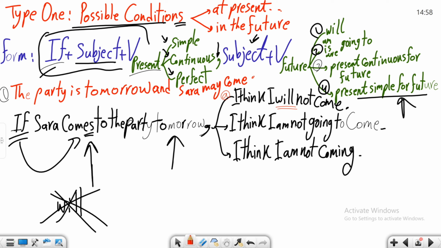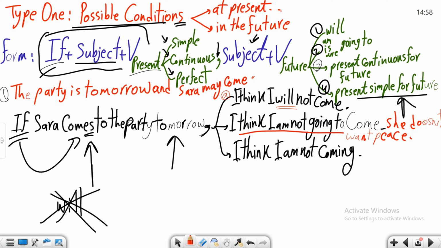The second possible way to say the sentence is, if Sarah comes to the party tomorrow, I think I'm not going to come. She doesn't want peace. She wants war.